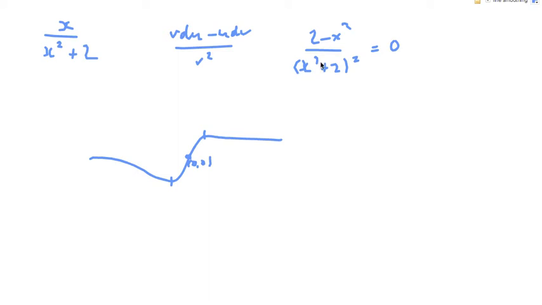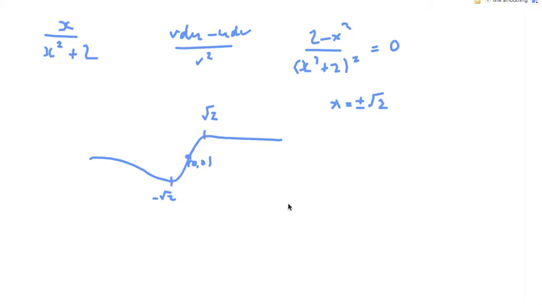The denominator is just going to get binned away, so we get 2 minus x squared equals 0, so x squared equals 2, so x is equal to plus or minus square root of 2. Which is what we get here, minus root 2 and plus root 2. So there you are, that's where the function's increasing.